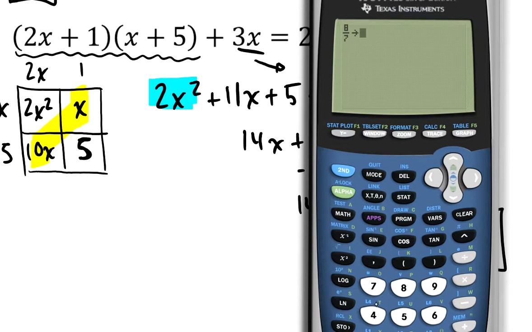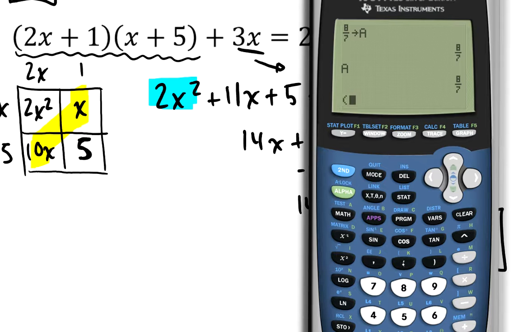Let's see. I can't exactly remember how this works. Let me see. Store it in alpha A. Okay. So if I hit alpha A and press enter, it reports that that's 8/7.